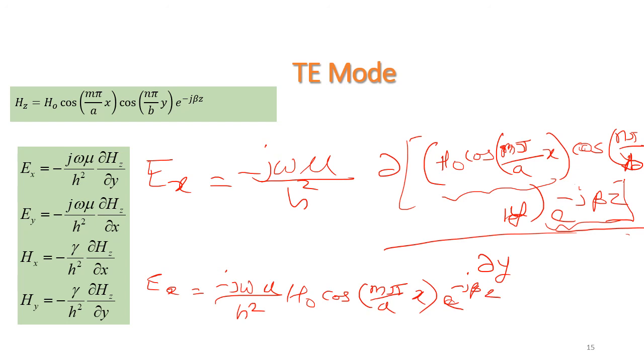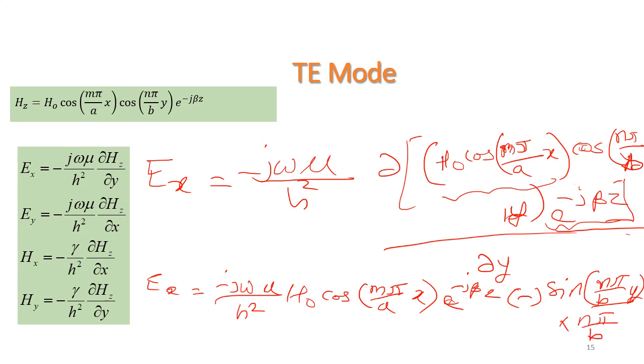We take the derivative of only the y term, cos of n pi by b into y. The derivative of cos is minus sine, so minus sine of n pi by b into y. Then the derivative of what is in the bracket gives a multiplication by n pi by b.